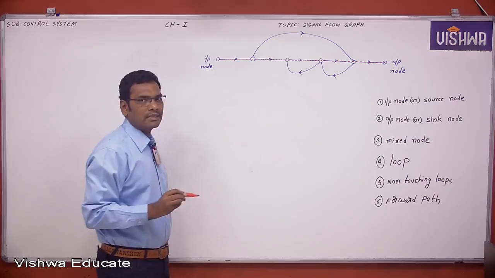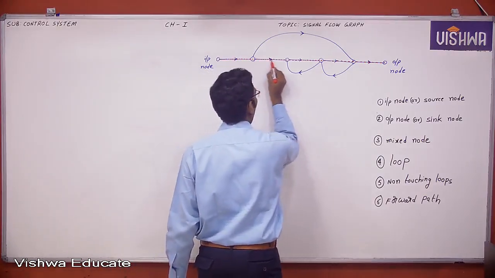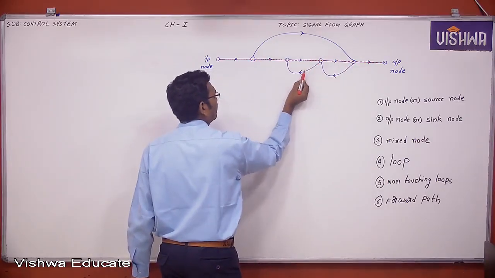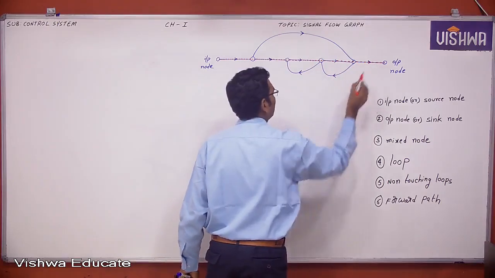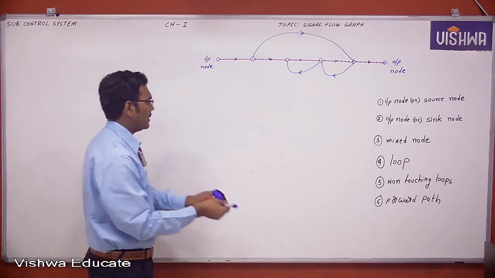And some of you are asking, sir, can I write a forward path like this? Okay, you go like this, and you just take a return path here. Again, if we go like this, you are able to get the path or not? I just redraw here.